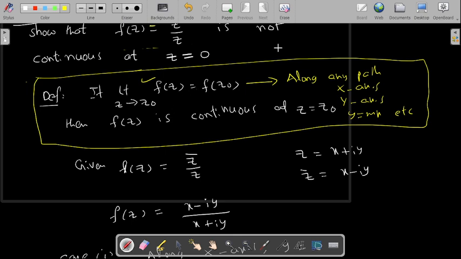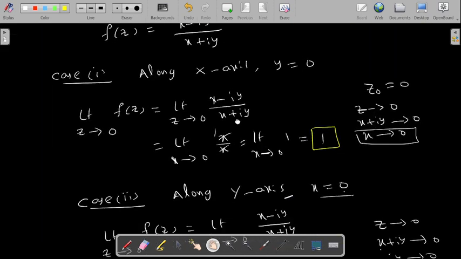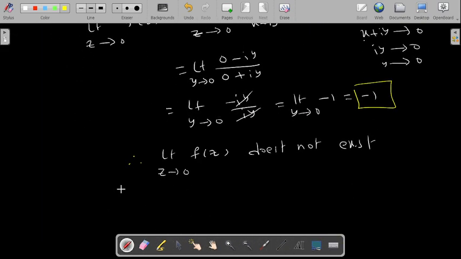That means definitely it is failing the definition. Therefore, when it is failing the definition, f of z is not continuous at z equal to 0.